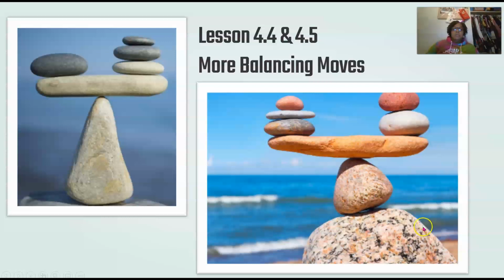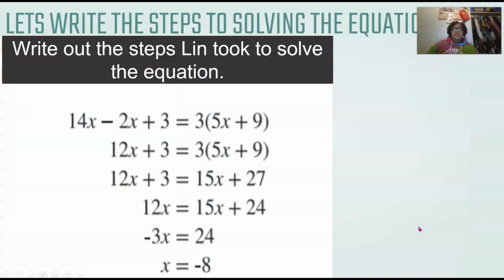The first thing is we're going to be looking at this equation that's already been solved. Lynn solved this equation, so just go through it and write down what steps she took.